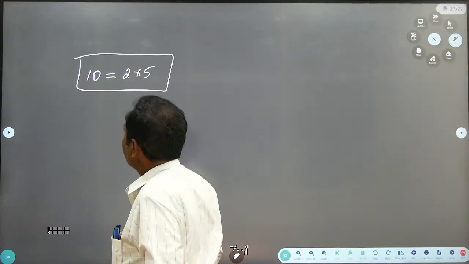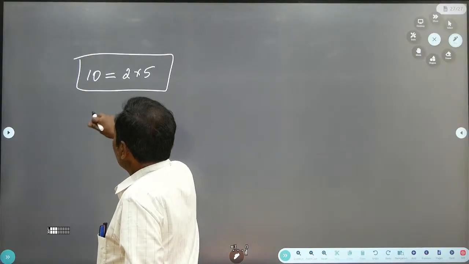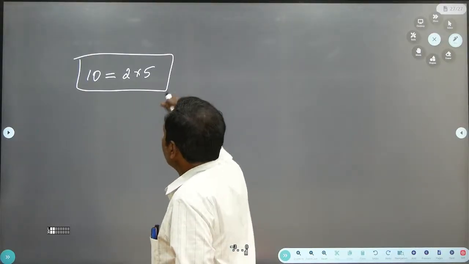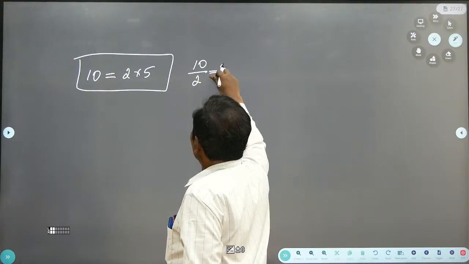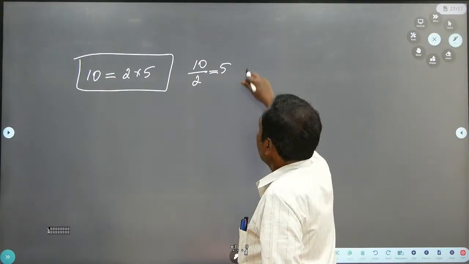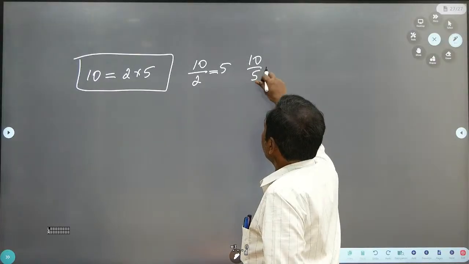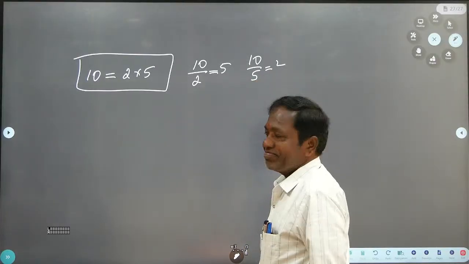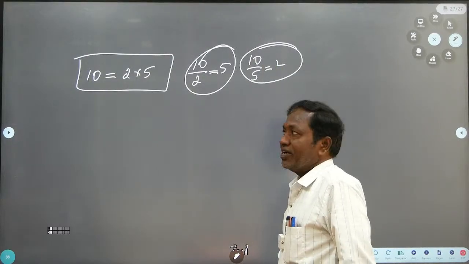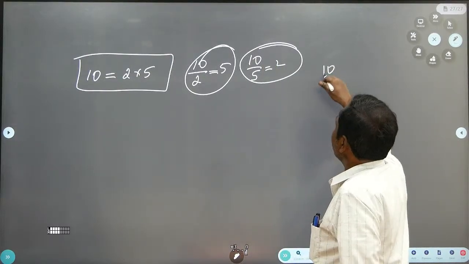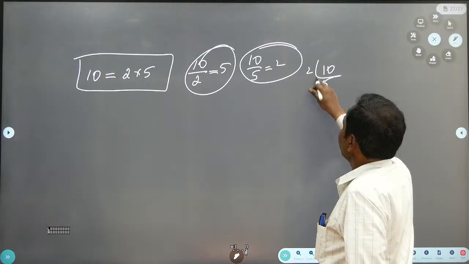I'll tell you once. See, now, when 10 by 2, you will have 5. If you take 10 by 5, you will have 2 here. Right? Even if you take an LCM like that, 2 5.